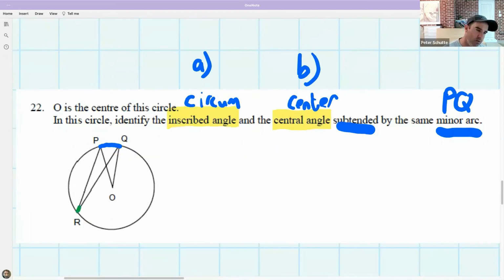I think it would look like that. Does it have PQ as the base for the angle? Yes. How would you write down this angle over here with the green dot? That's the first challenge. I want to see if you can do that.